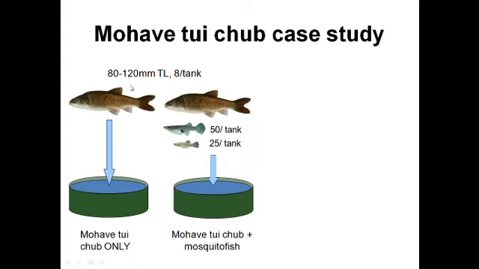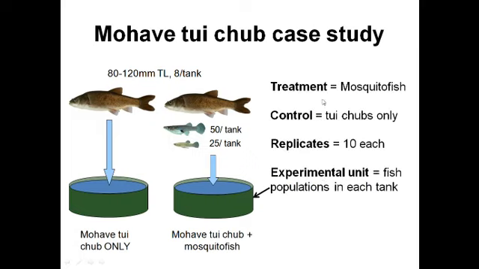So this is my control. So when I'm analyzing my data, I can use this control as the basis, because there shouldn't be any impacts of mosquito fish in this control group, right? So the treatment is mosquito fish and my control group is the tuichubs only.